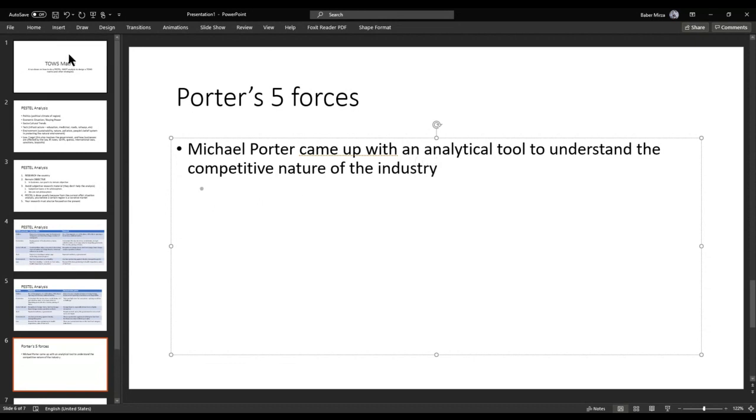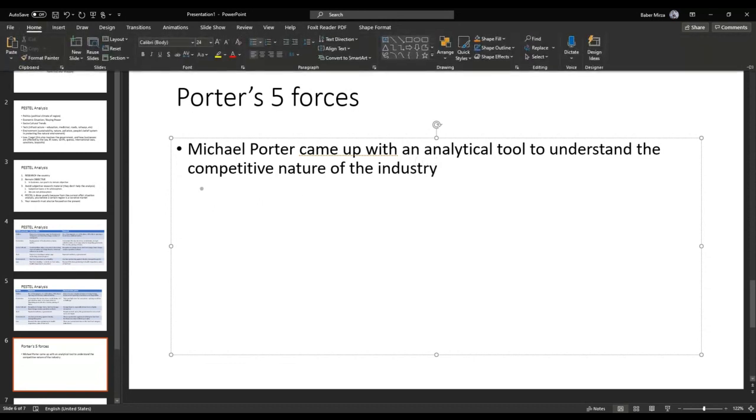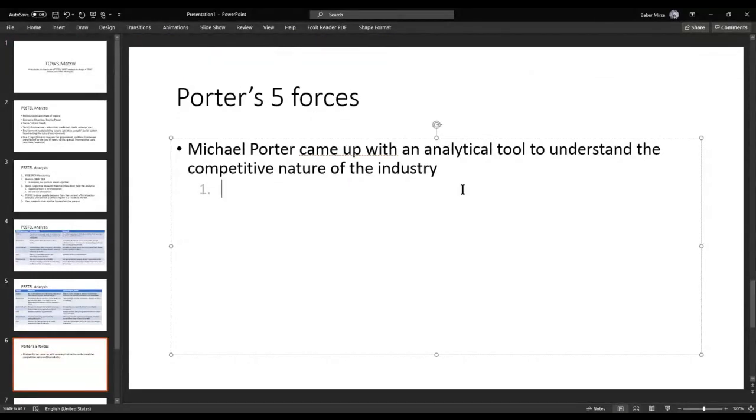These include 5 things. Barriers to entry to the current market.